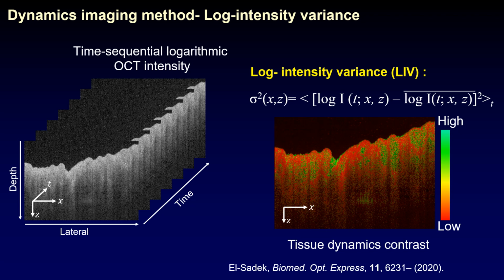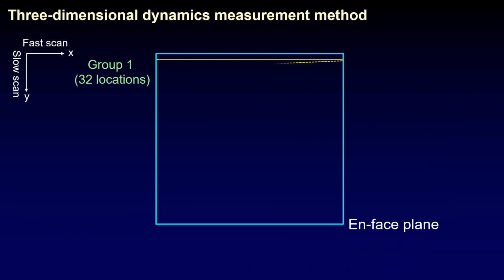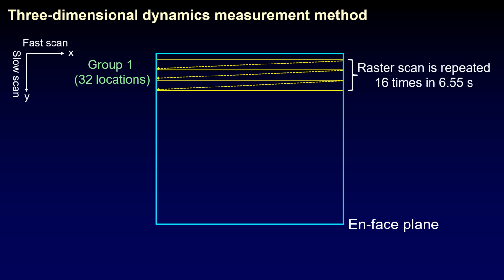To overcome this issue, we designed a new three-dimensional scanning protocol. To explain this, let me first show you the timing chart. Total 128 locations in the sample are divided into 4 groups. For each group, the raster scan is performed and the system captures 16 frames at one location, and the time separation between the first and last frame is 6.55 seconds.